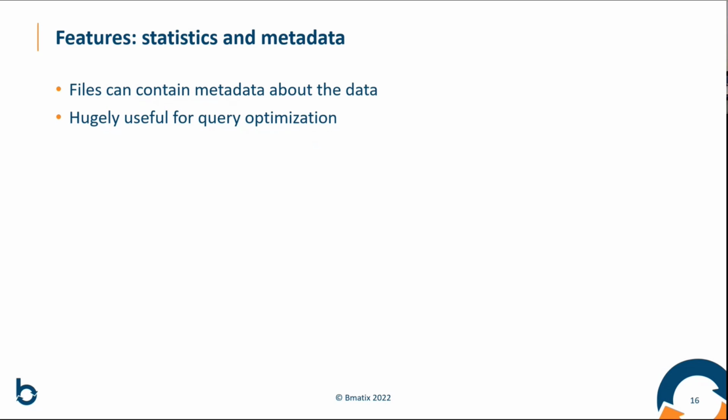And if you have outdated statistics, which can happen over time as you write more data to a file, then the query optimizer will not be able to propose a query plan to satisfy your query as good as it can when the statistics are up to date.